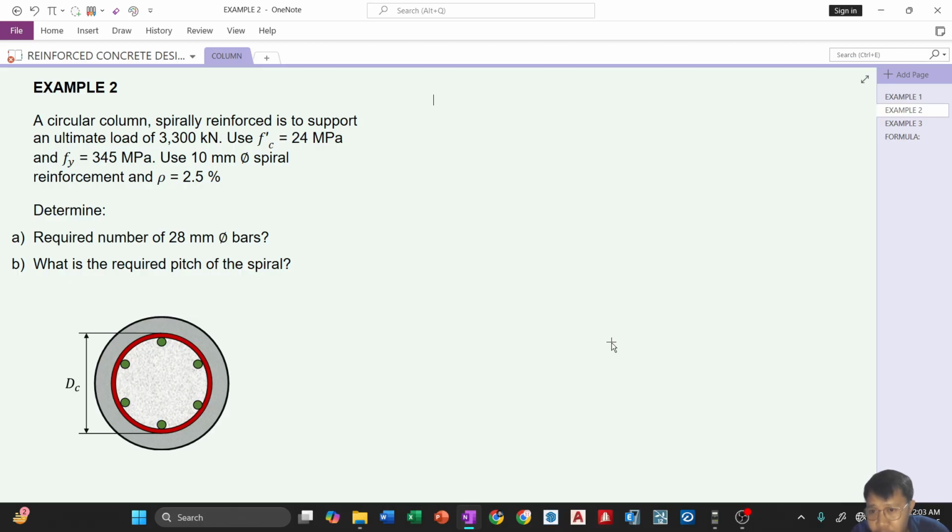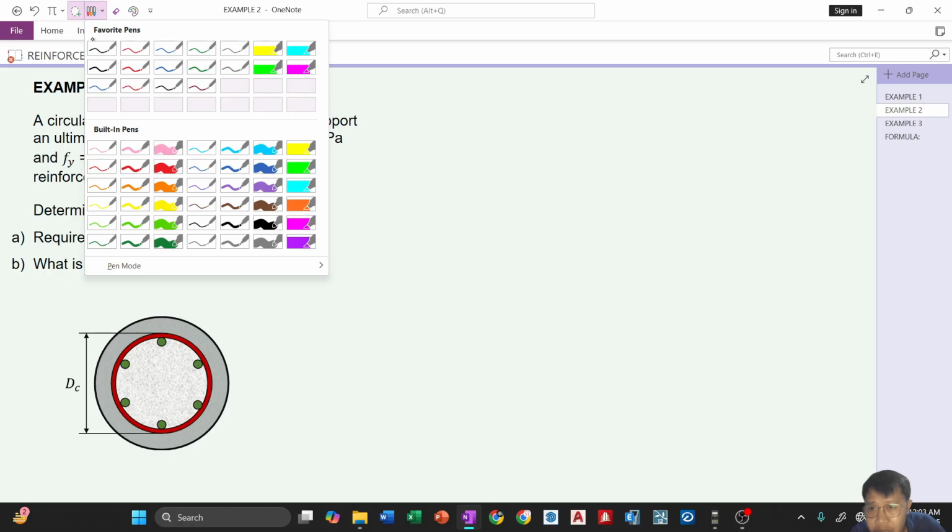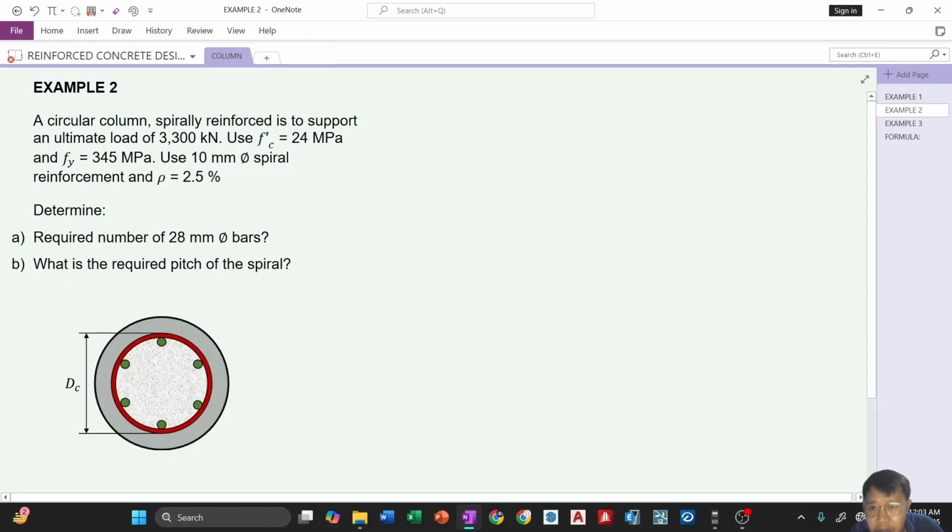Okay? So to solve for the number of 28 mm bars, we need the area of the steel first. Given dito yung PU, just like our step kanina. So solve muna natin dito what must be the value of the P sub 0. So PU here is actually equal to phi P sub N. Take note that this is now spiral. So ang phi na gagamitin natin for spiral, this is now 0.75.